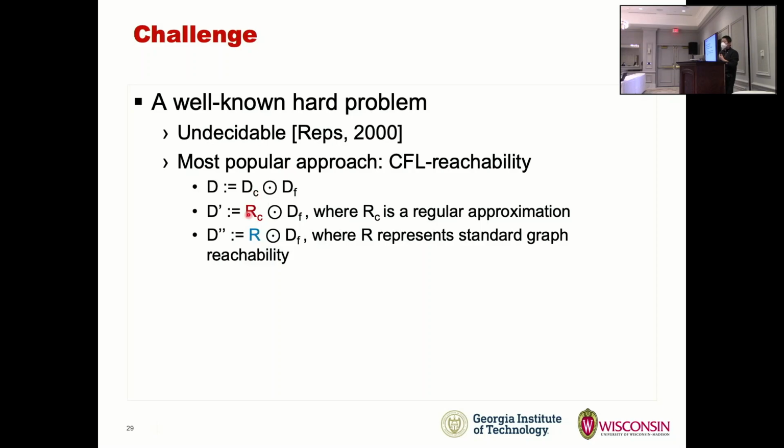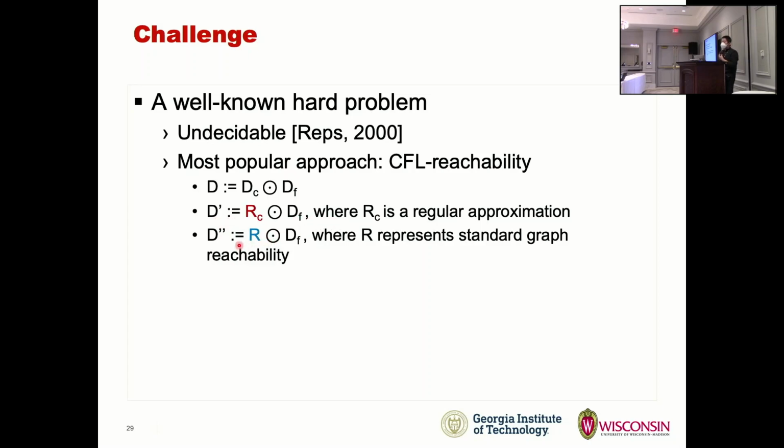Then the language D prime becomes a context-free language intersected with a regular language. From the textbook, we know that CFLs are closed under intersection with a regular language. Therefore, D prime is a CFL. So if it's a CFL, then we precisely know how to do it. We just throw it to the standard CFL-reachability algorithm, and we can get some results. That's one way to do the over-approximation.